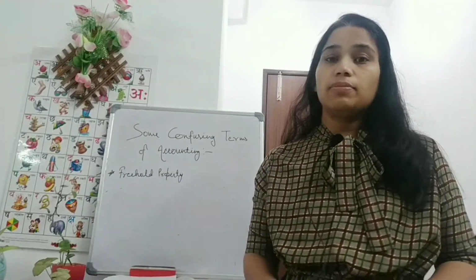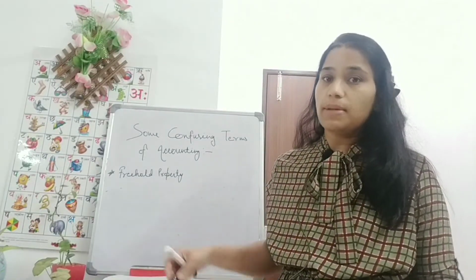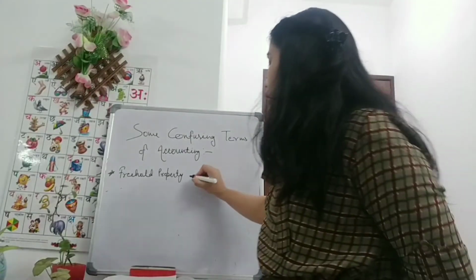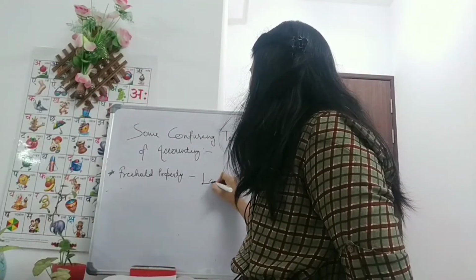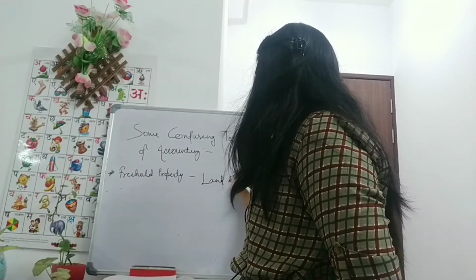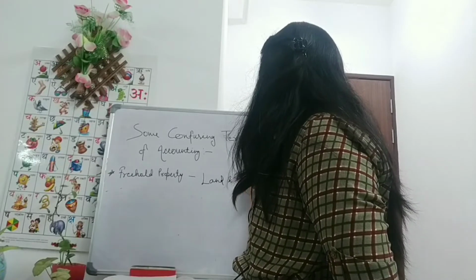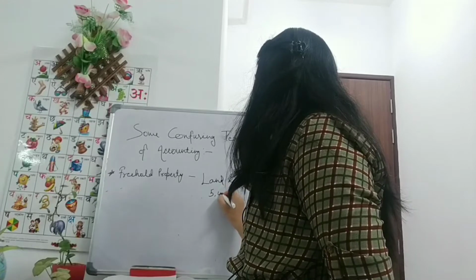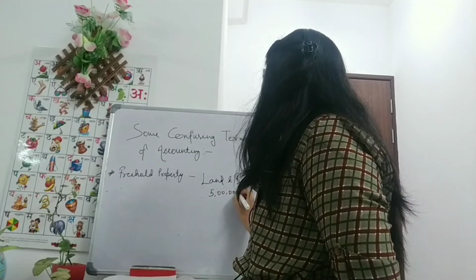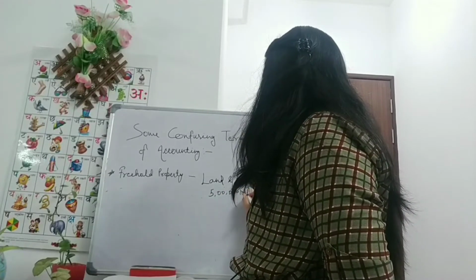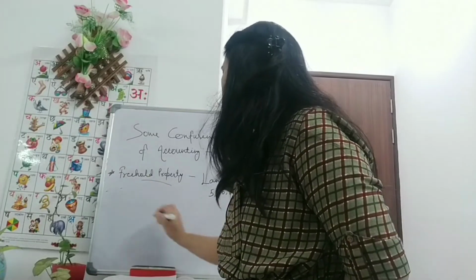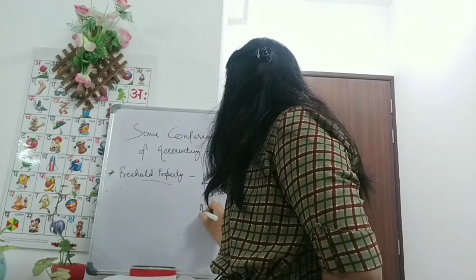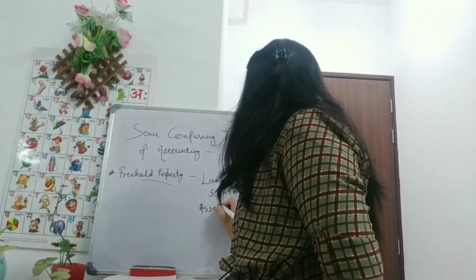Freehold property will be written in the asset side of the balance sheet. Say if any kind of land and building amounting rupees 5 lakhs, a small piece of land a company is having, then this freehold property will be recorded in the asset side of the balance sheet.